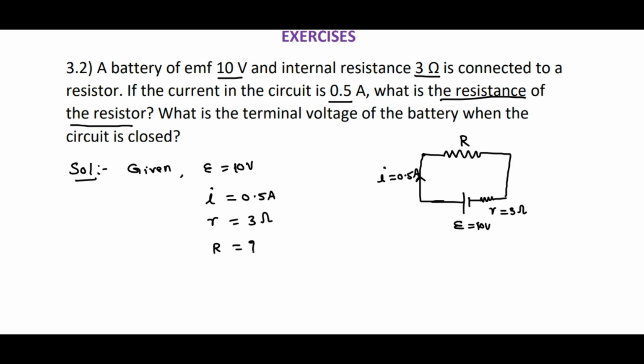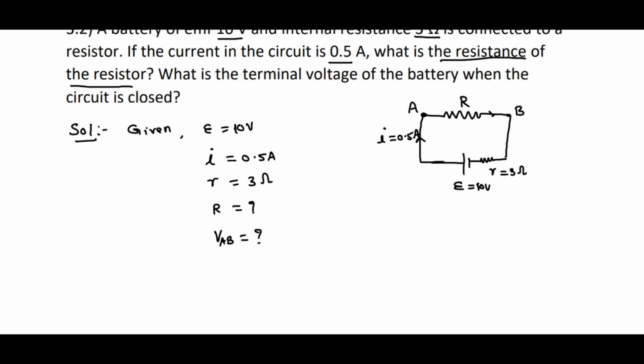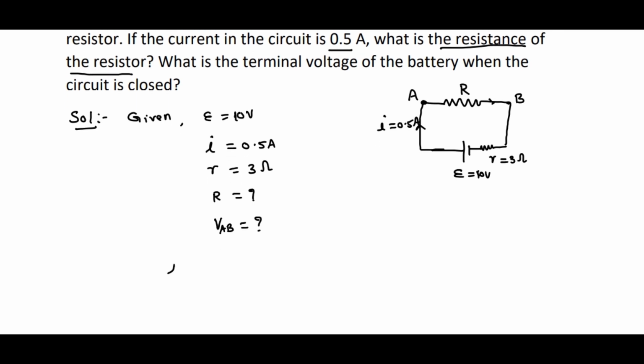For example, if this is the point A and this is point B, the terminal voltage, that means the voltage between A and B, we need to find out. First of all, the formula for electric current: I is equal to E by R plus small r.